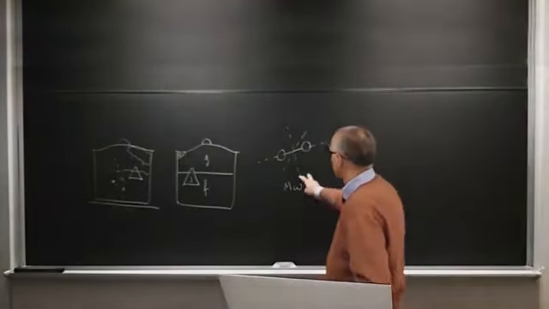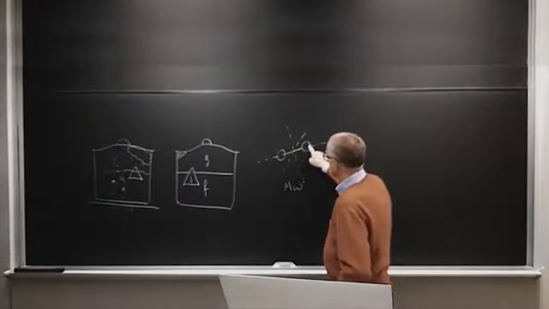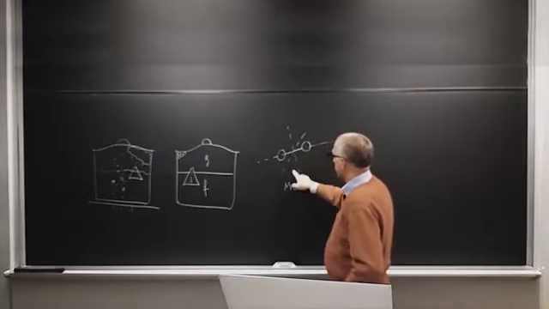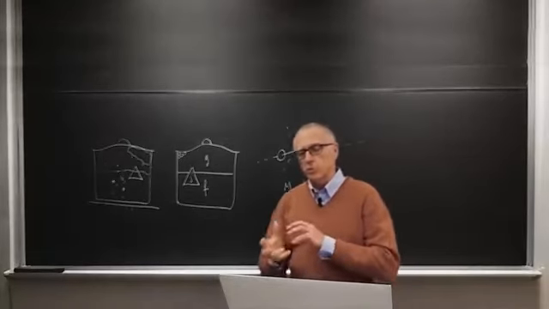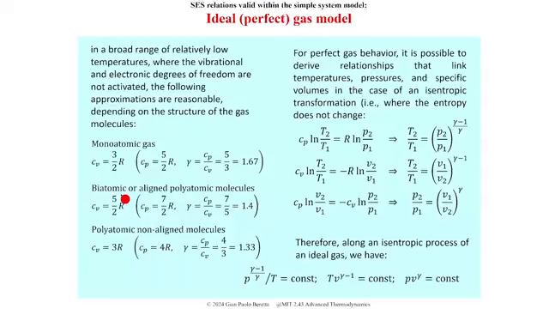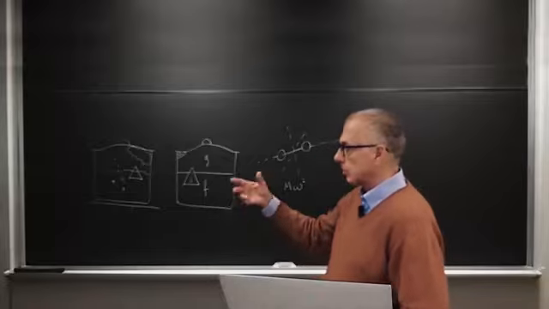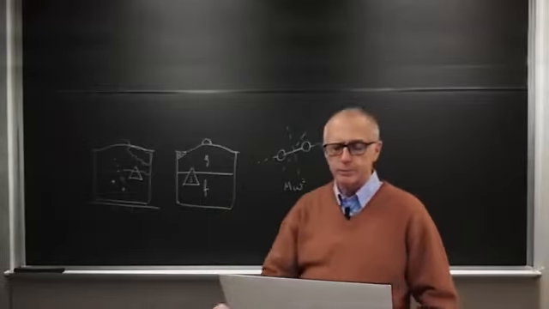And so in this molecule with aligned atoms, you have only two additional degrees of freedom in which the molecule can carry the energy. And that's why you go from 3/2 to 5/2. And that makes gamma equal 1.4. This is typical of oxygen, nitrogen, and therefore air.